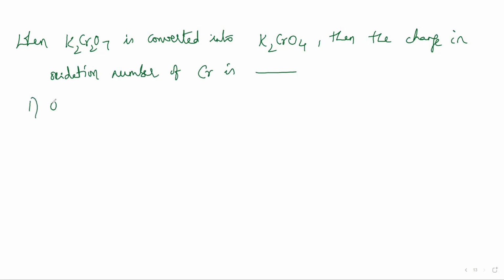Options given are 0, 3, 4, 6. Okay, now write that conversion. K2Cr2O7 is converted into K2CrO4. Then find out our chromium oxidation state.